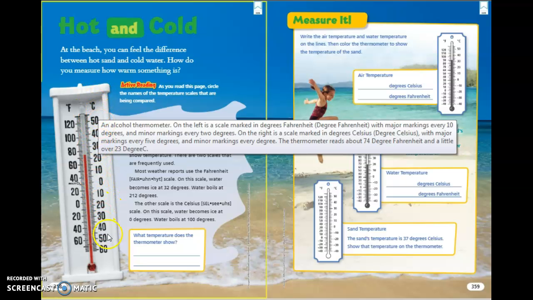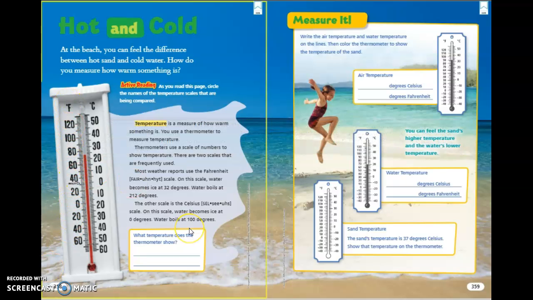All these numbers over here are Celsius, and the other side, this left-hand side, is the Fahrenheit side. Go ahead and write your answer down below. Pause the video. Okay, now if you were writing in Celsius, you would have had something about 23 degrees Celsius. Now if you were writing in Fahrenheit, it would be something about 75 degrees Fahrenheit.